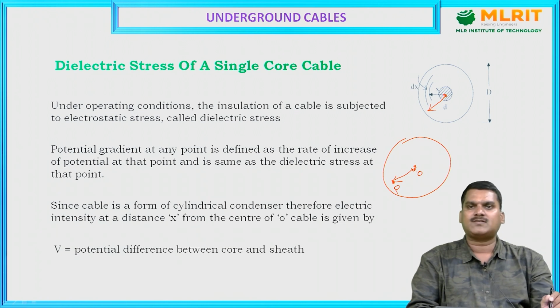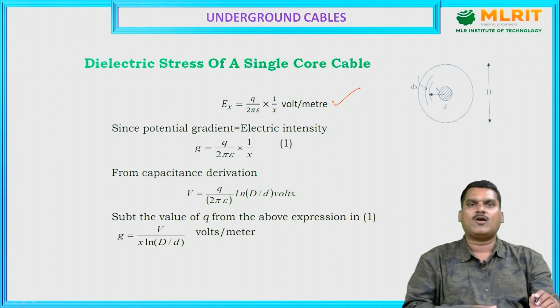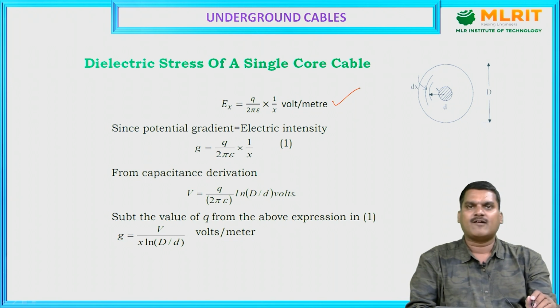Since a cable is a form of cylindrical condenser, the electric intensity at any distance x from the center O of the cable is given by the following formula, which we know from electromagnetic fields. The electric stress at a point x from the center of the cylinder is given by q by 2 pi epsilon 1 by x.